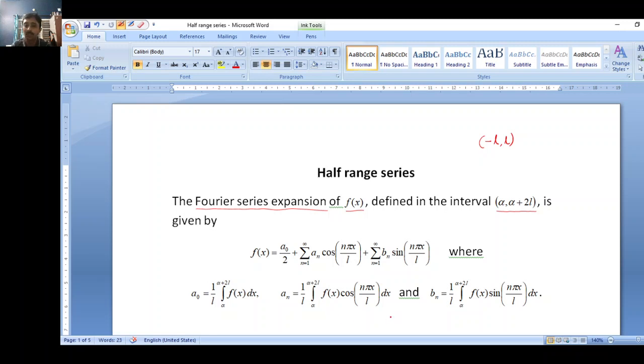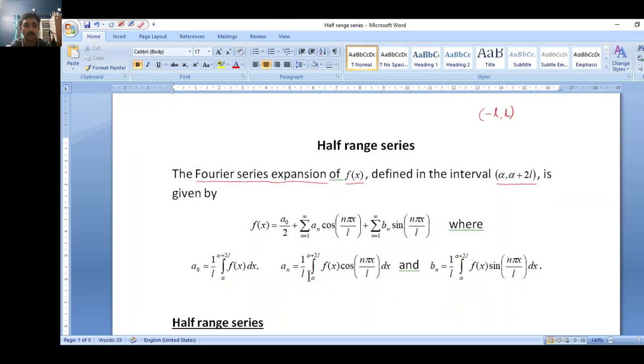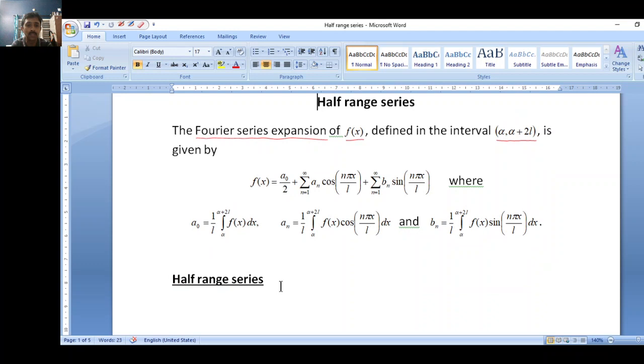So keeping these in mind, now we'll start seeing what exactly we mean by the half range series expansion of a given function f of x. As discussed just now, if f of x is odd, the Fourier series contains only sine terms, and if f of x is even, then the Fourier series contains only cosine terms.